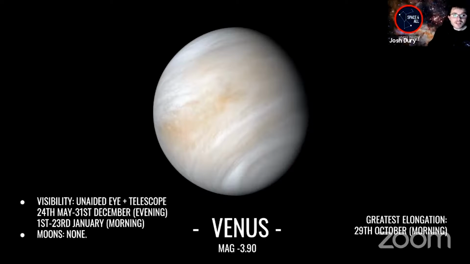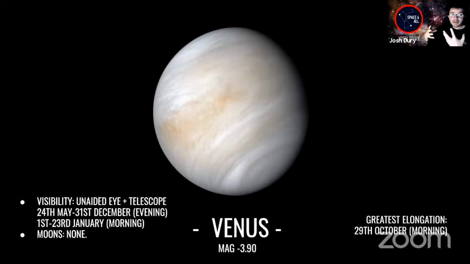So again, just a couple of dates of when is a good time to observe this world. Between the 1st and the 23rd of January was a good time to see it in the morning skies, but realistically, because it will be close to the sun for a period of time, you want to be trying to look at around the 24th of May to the 31st of December, when it will begin to appear in the evening sky.